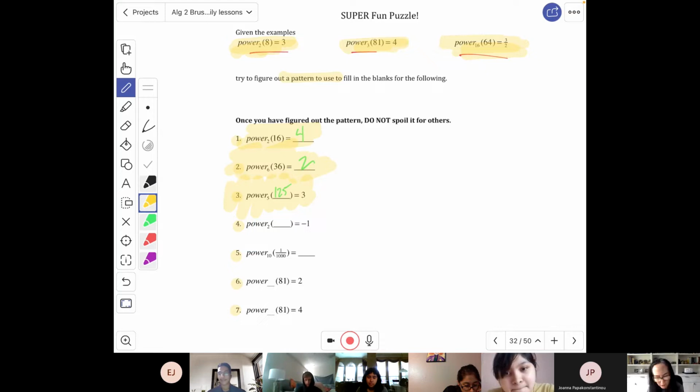I'm going to let you figure out the pattern. If you need to use the facilities, by all means, you can use the facilities now. I want to go over these and discuss the pattern and how this applies to logarithms. So try to figure out the rule, the pattern from these examples and answer the last ones.